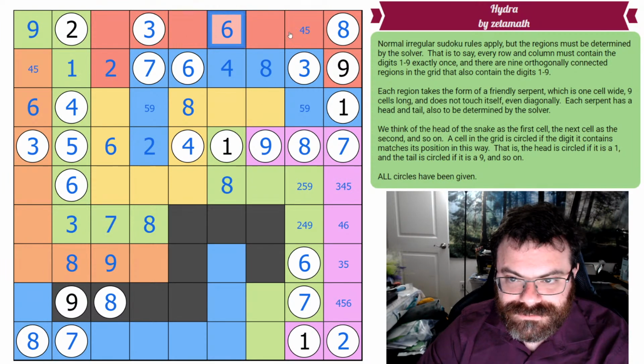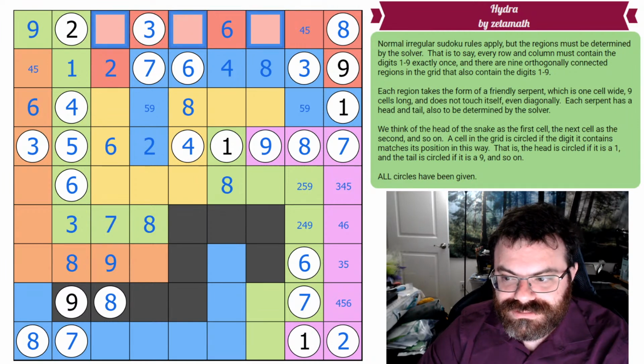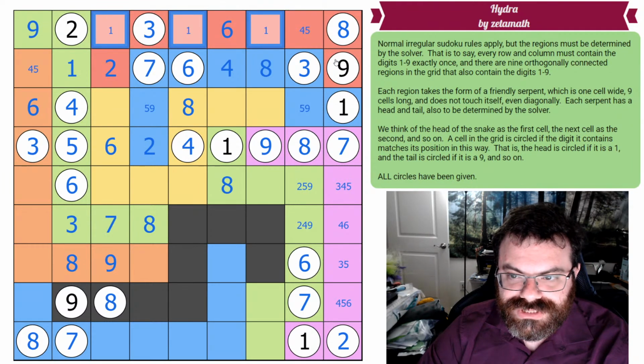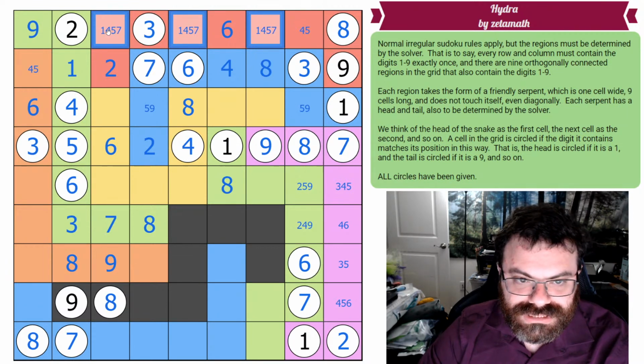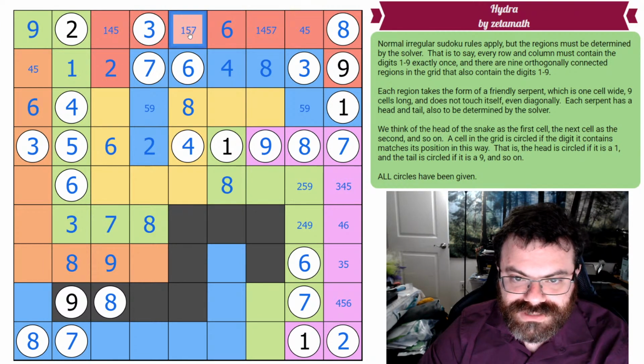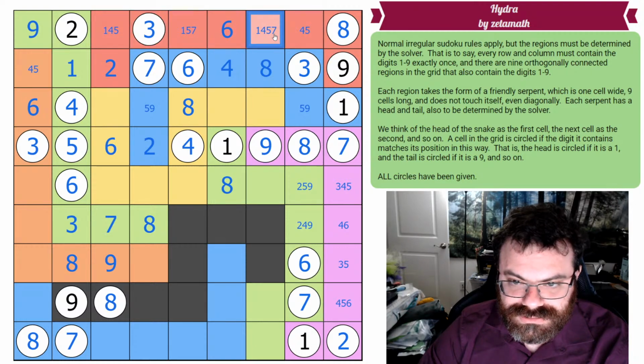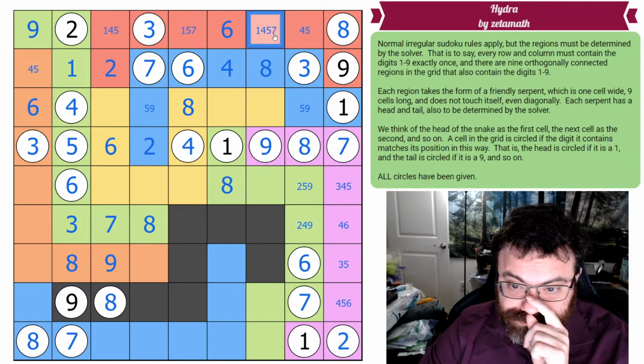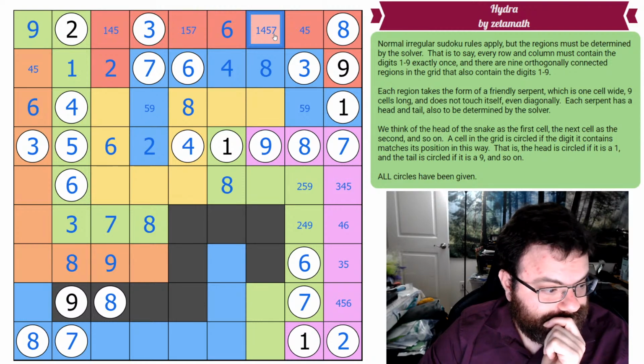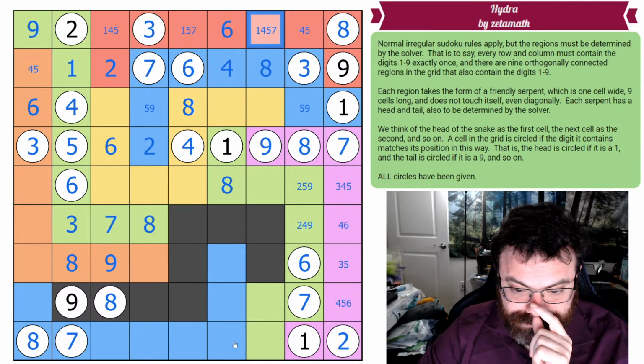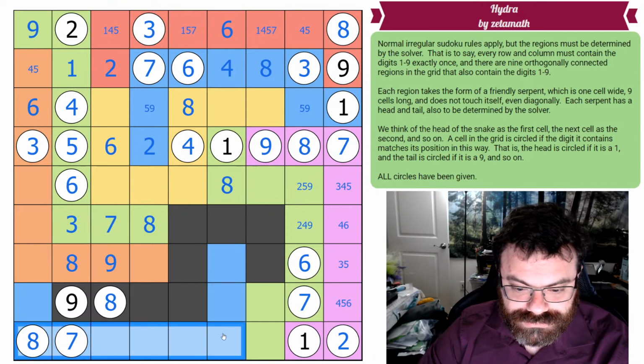What does red need? It needs a 1, it has a 2, it needs 3, 4, 5. Oh no, it doesn't need 3. What does it need? 7? 7. This can't be 7. This can't be 4. Okay. Blue needs a 1.